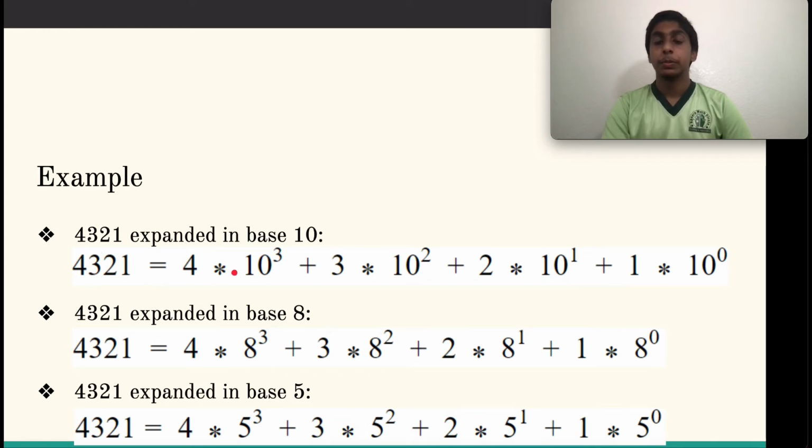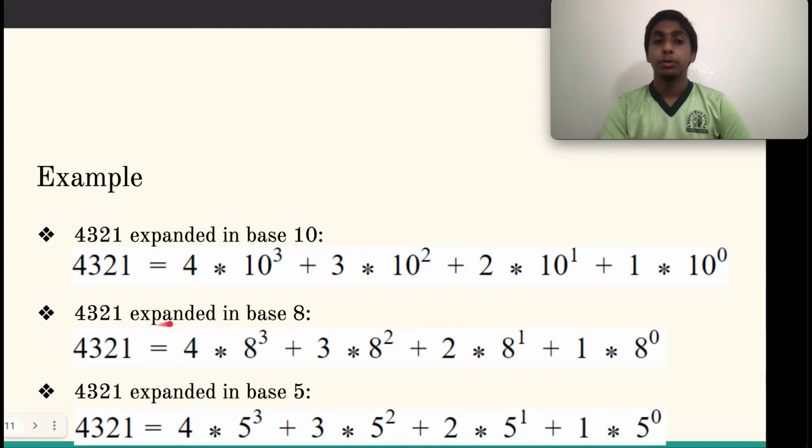Plus 3 times 10 to the power 2, and then 2 times 10 to the power 1, plus 1 times 10 to the power 0. So that's how we broke this down by using our base and the different digits we have. Remember, your last digit should always be multiplied by the base to the power 0. So arrange the others so that you get to that last 10 to the power 0.